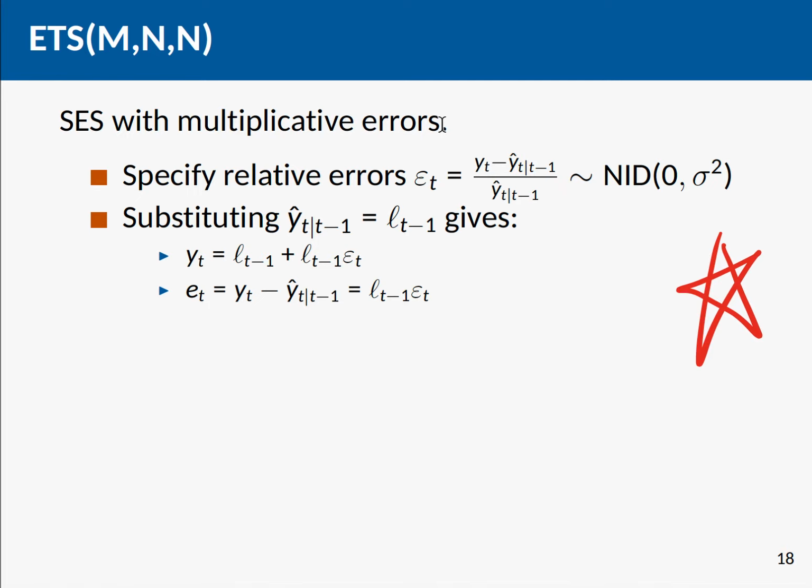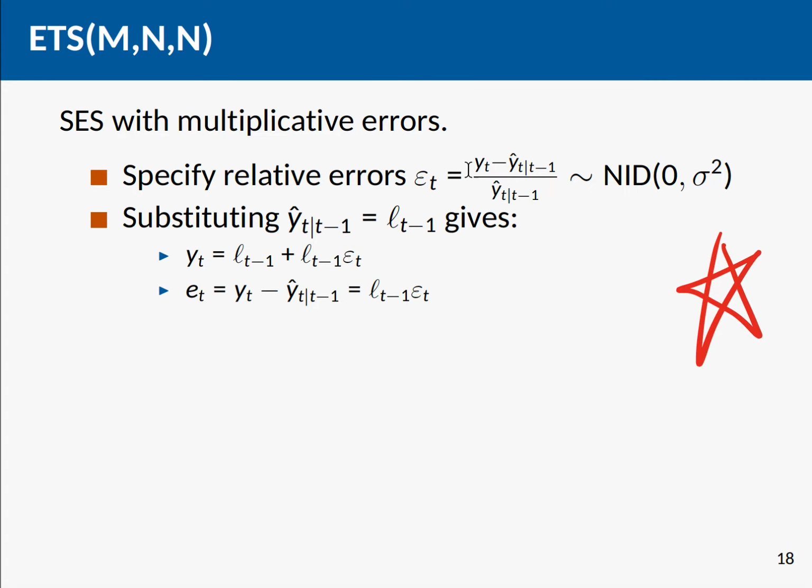In the multiplicative format, this is going to be the error, the forecast error, normalized by the fitted value at time t.